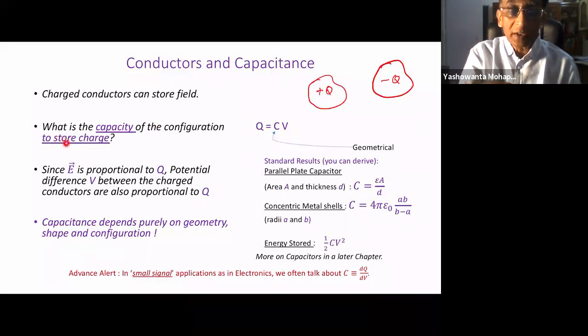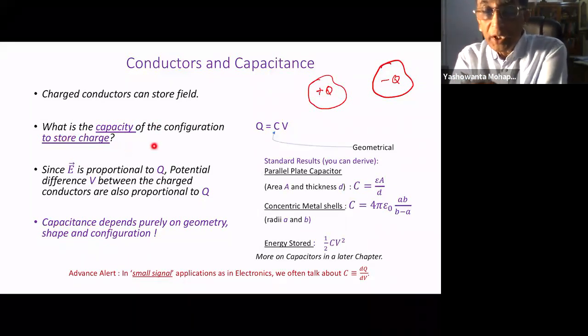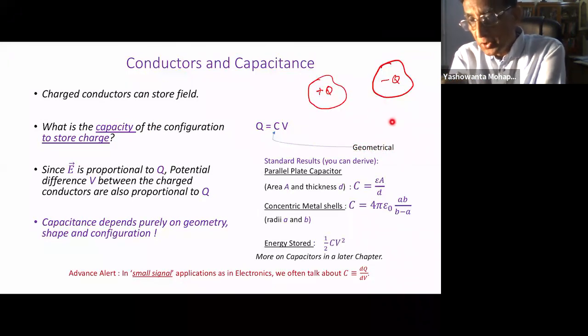This capacity is defined as the charge stored on the positive conductor, which is proportional to the voltage, and this is capacitance. It is purely geometrical. It will depend upon the size, shape, distance, orientation, configuration, things like that.